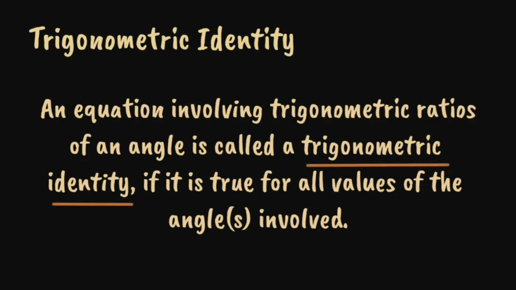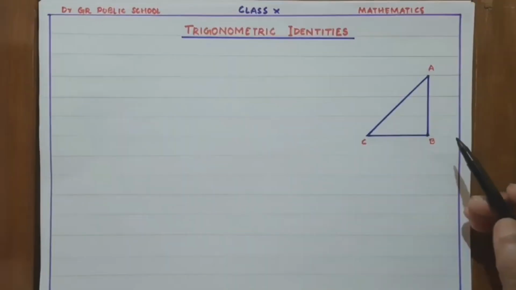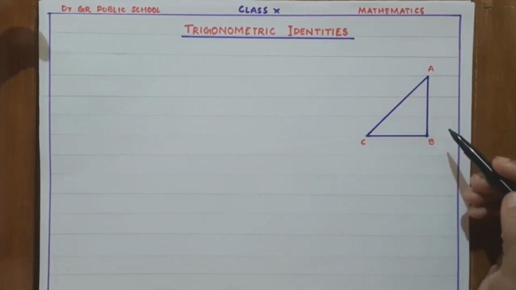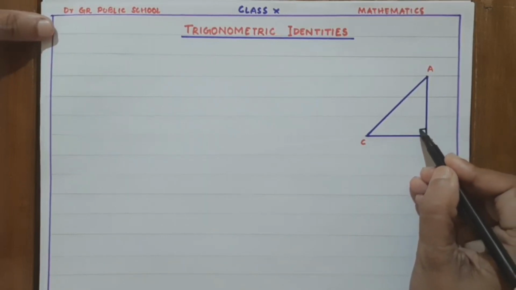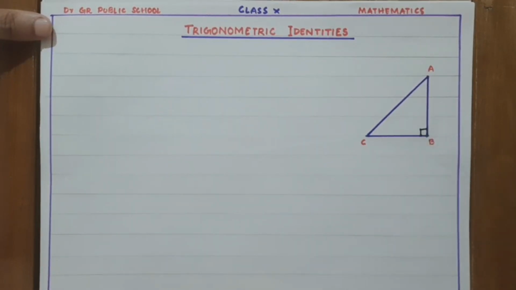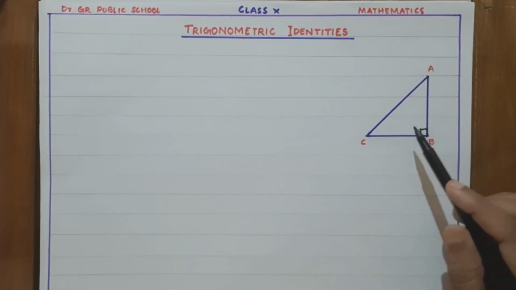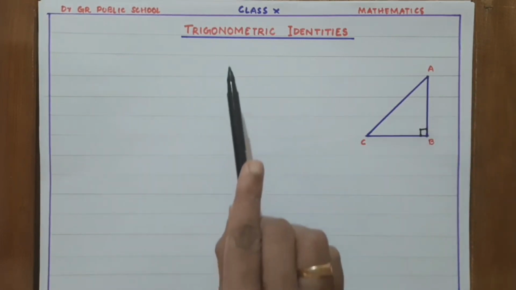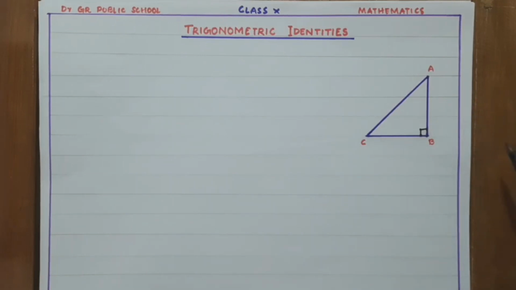Now, we are going to discuss some trigonometric identities. Consider the right triangle ABC, with the right angle at B. You know very well that trigonometry is based on the right triangle, isn't it? We have already discussed identities using our trigonometric ratios, sin theta, cos theta.